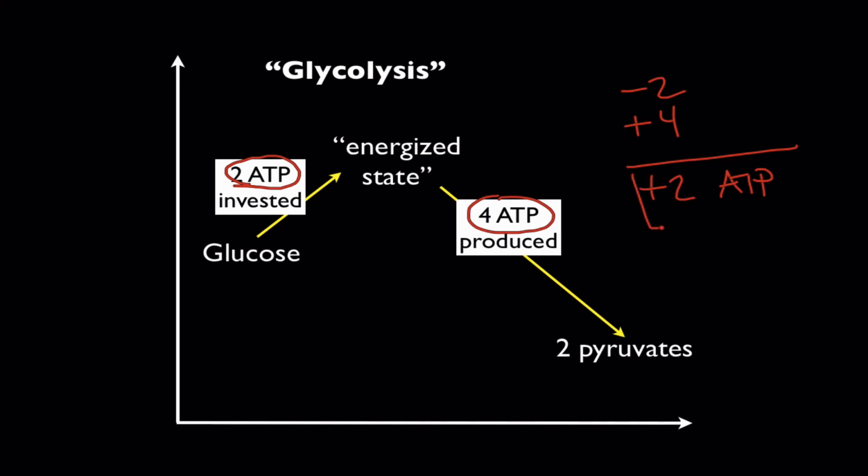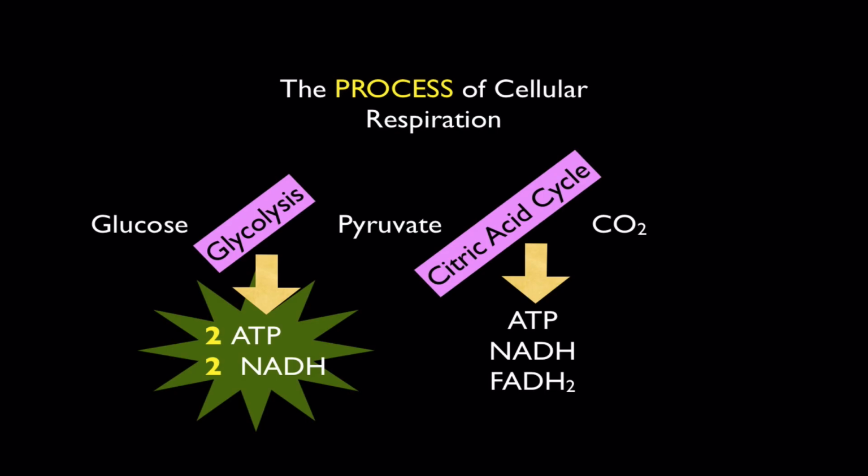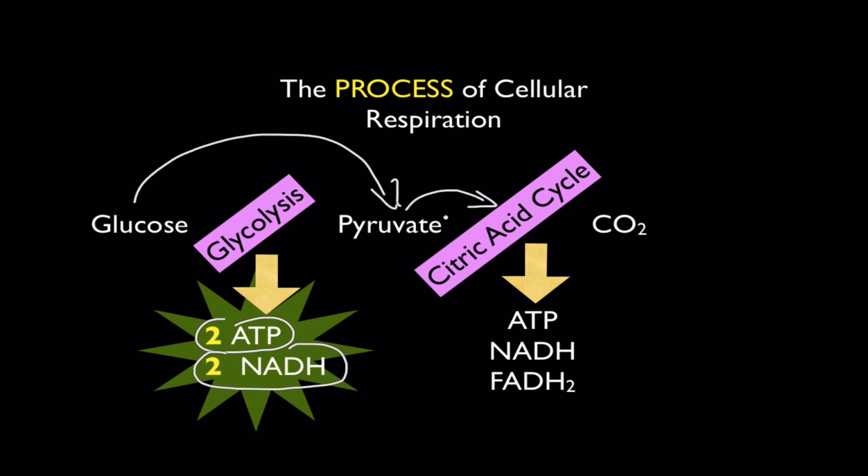It comes out to a plus 2 ATP gain. And we also get, from the downhill slide, 2 NADH molecules being produced. Now, here's the numbers. For glucose going to pyruvate, the payoff for this reaction is a little bit of ATP and a little bit of NADH. Okay? Now, the pyruvates are then going to be fed into something called the citric acid cycle.